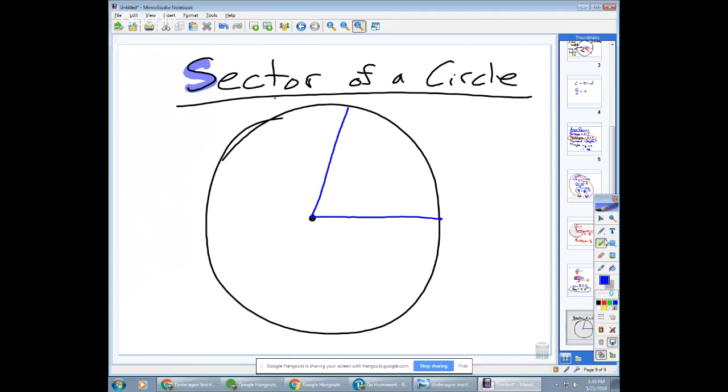So here, I'm claiming this part right here. So that's my sector right there. And it turns out there's a cool relationship between the angle that those two radii make and the area of the sector.